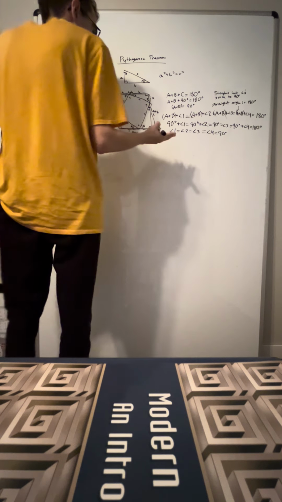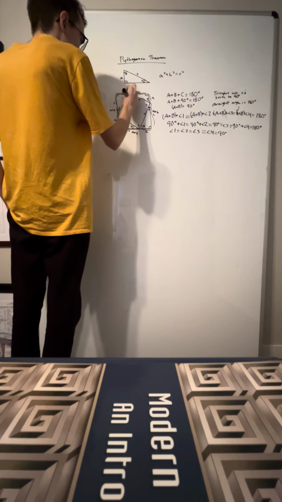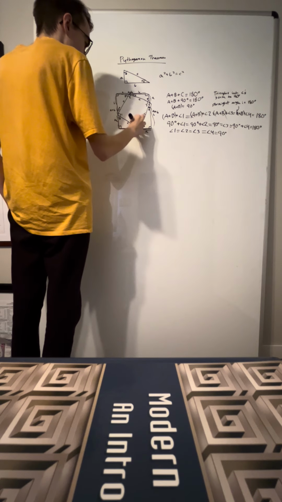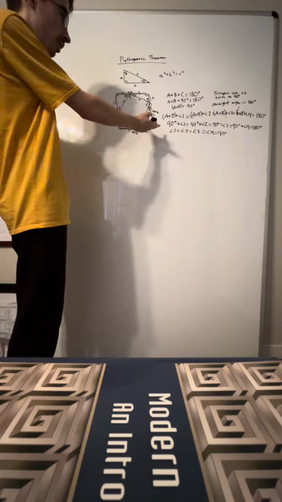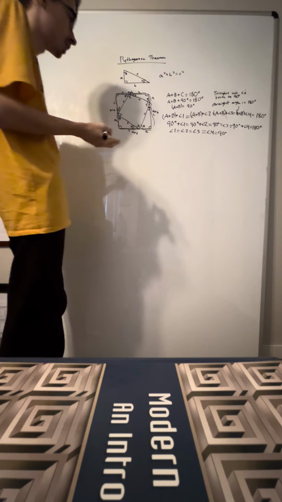In other words, inside here, we're just going to get a small square inside here, because it's going to have side length of C all the way around.